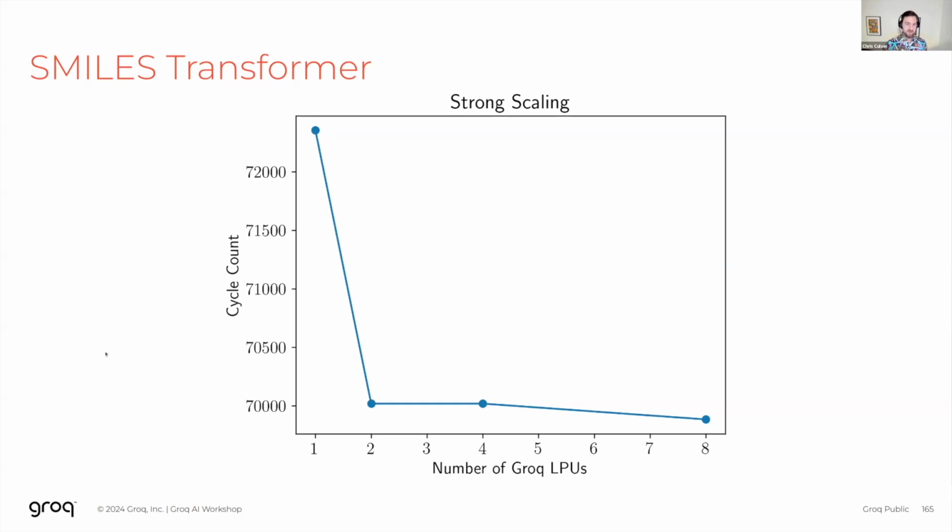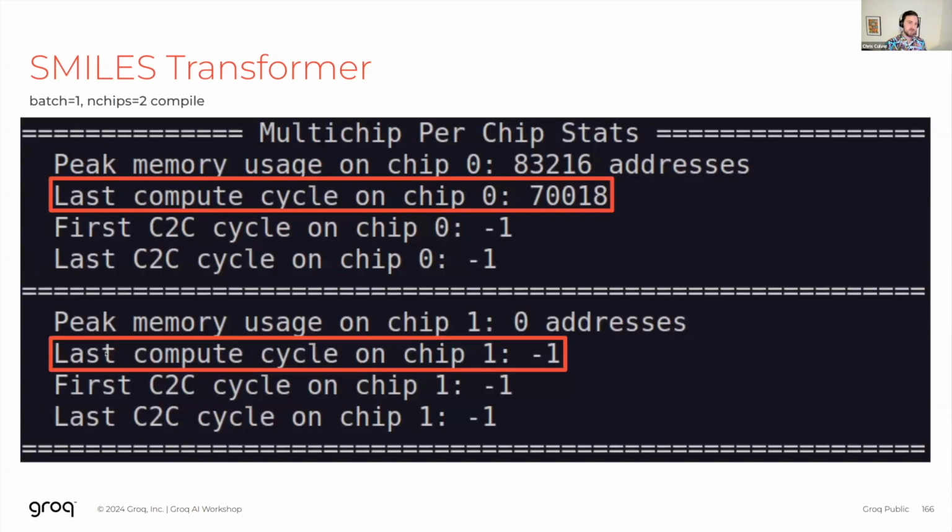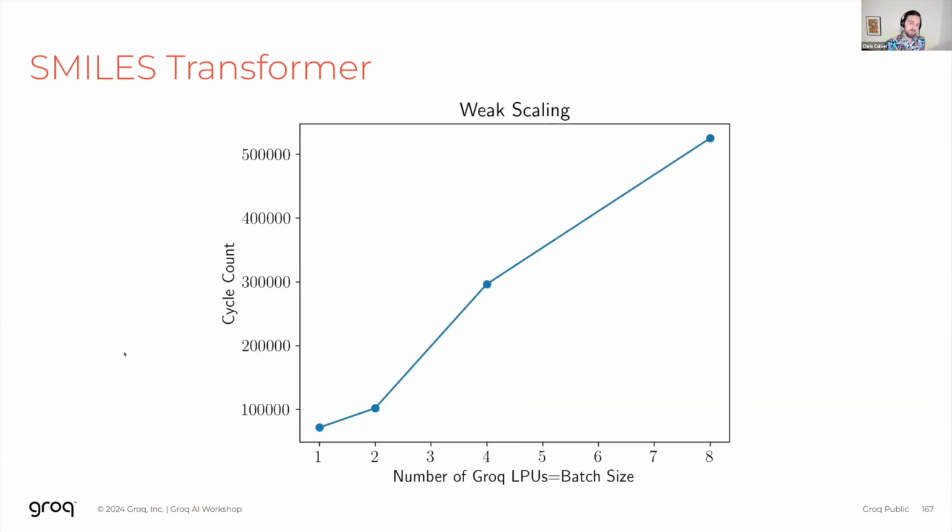So what about the other dimension, what about weak scaling? This is where we increase the batch size and the number of processors. And you can see something interesting happens: going from 1 inference to 2 inferences by batching barely increases the cycle count, whereas going to 4 triples the cycle count from 2, and then going up to 8 again almost doubles the cycle count going from 4.